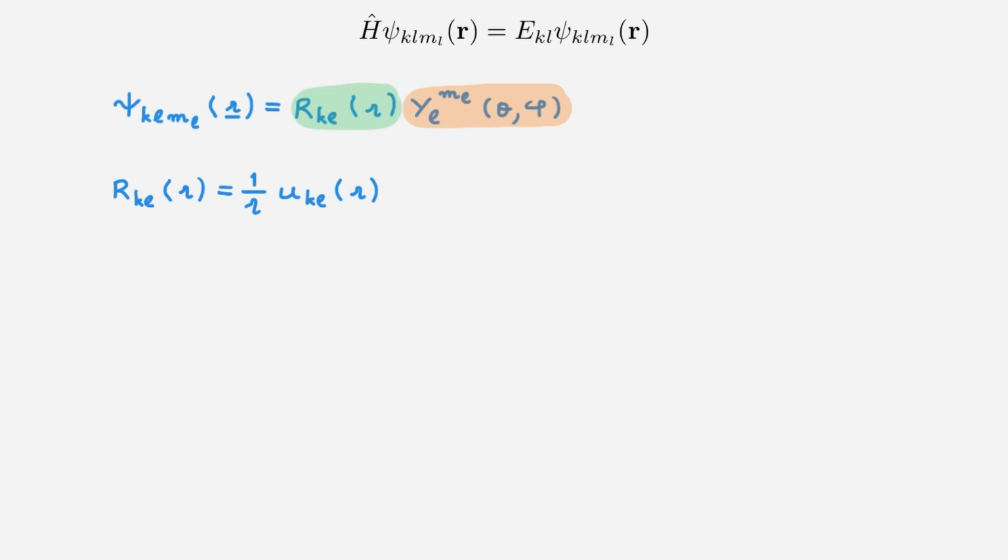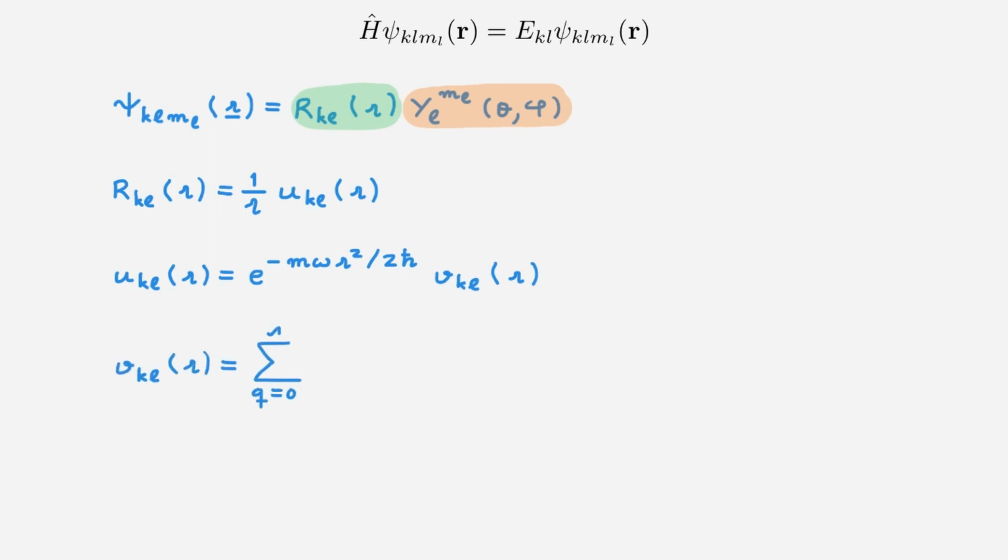Then, considering the limit of large r, we define another function v, which is related to the u function via this relation. And then we express the function v in a power series like this in terms of expansion coefficients c. And the lowest power s in the expansion is equal to L plus 1.